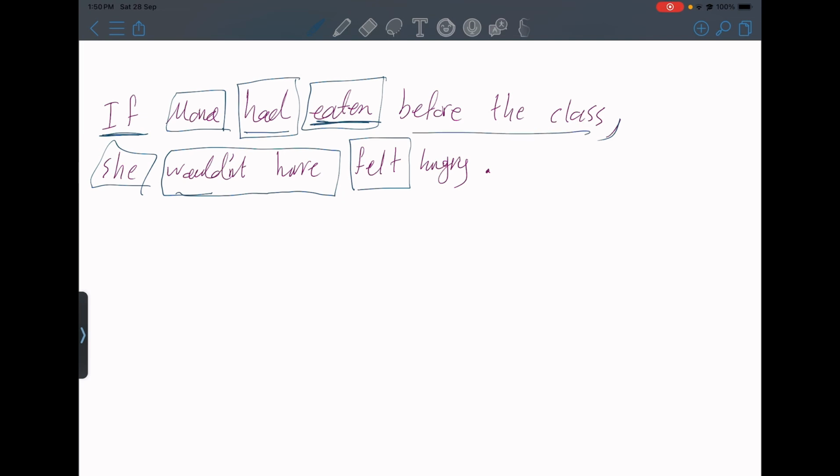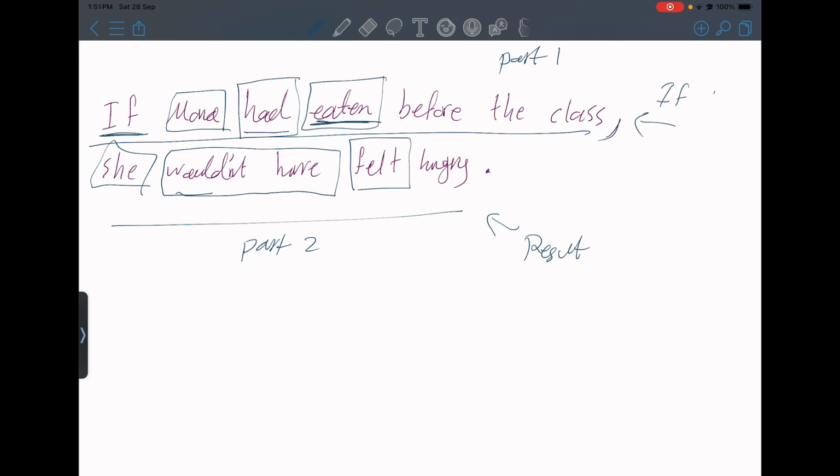This is part 1, and this is part 2. This is the result, and this is the if clause. This is the main thing.